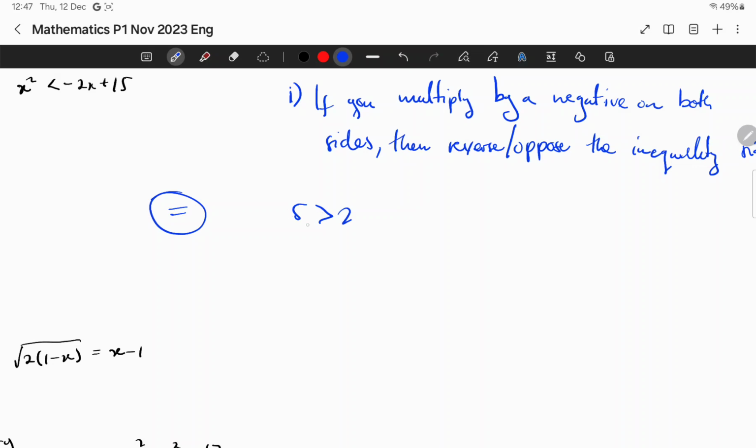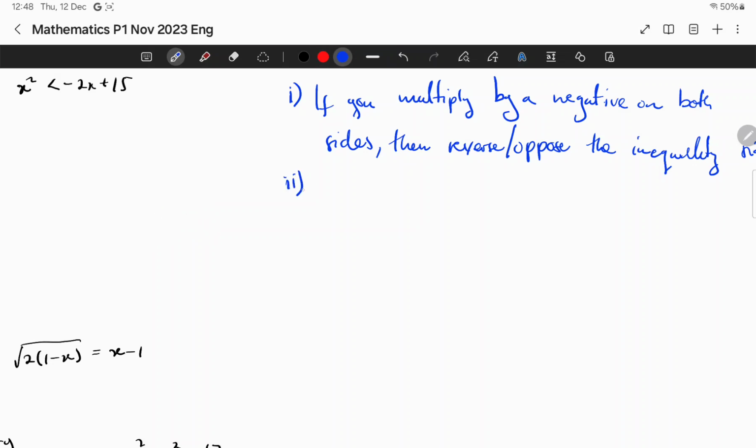If I multiply by a negative on both sides, you have negative 5 is greater than negative 2, which is not true. Therefore you have to reverse the sign. So this is wrong. What you want is minus 5 less than minus 2. This is correct. That's one of the rules.